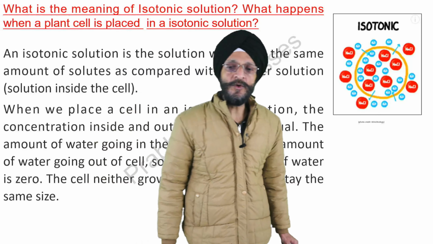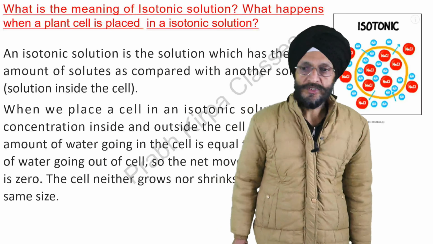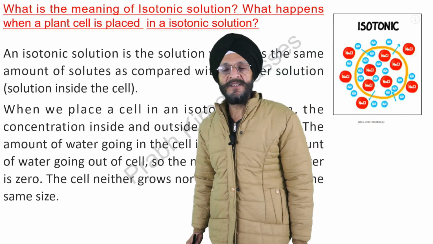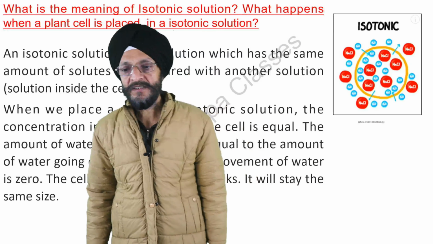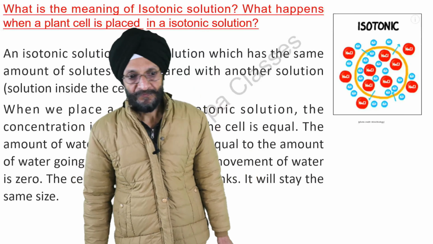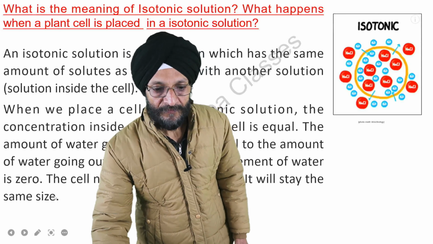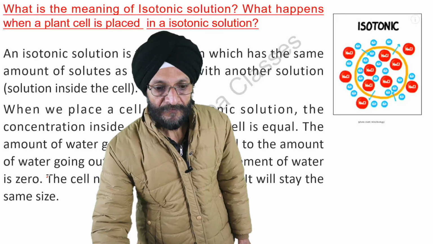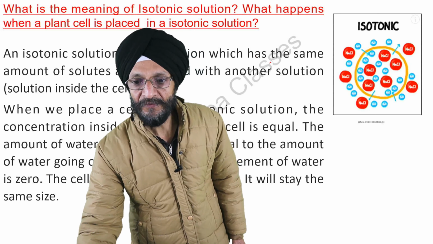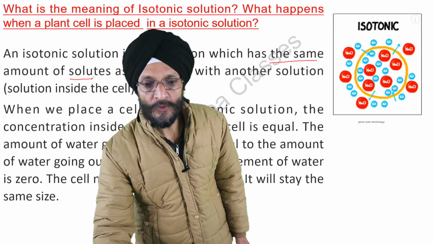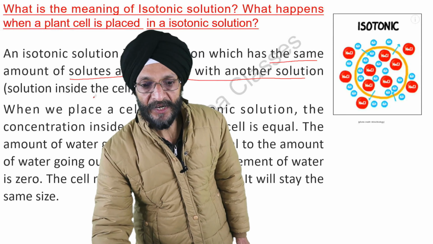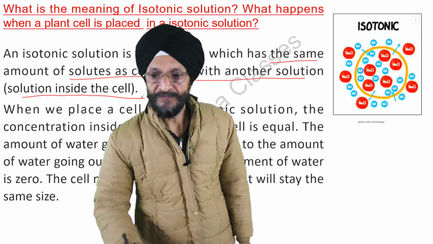Now what is the meaning of isotonic solution, and what would happen if the plant cell is placed in isotonic solution? An isotonic solution is a solution which has the same amount of solutes as compared with another solution.